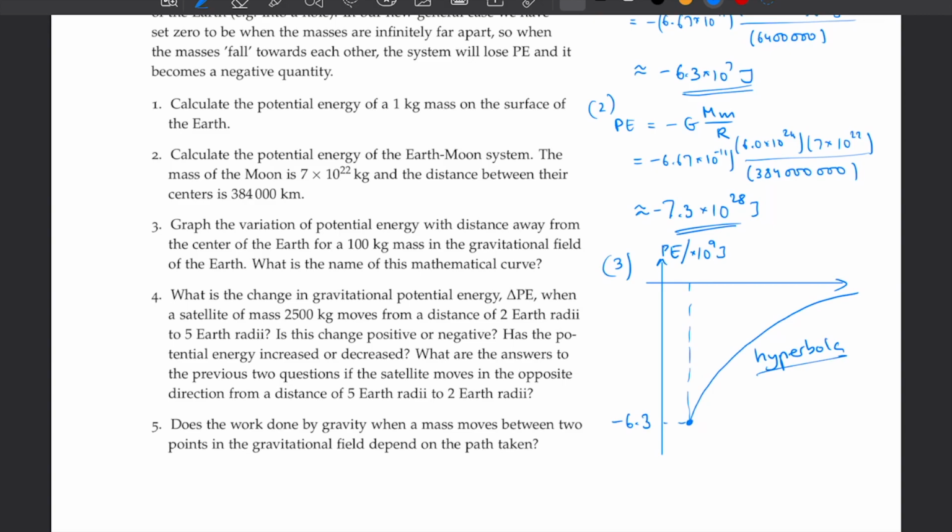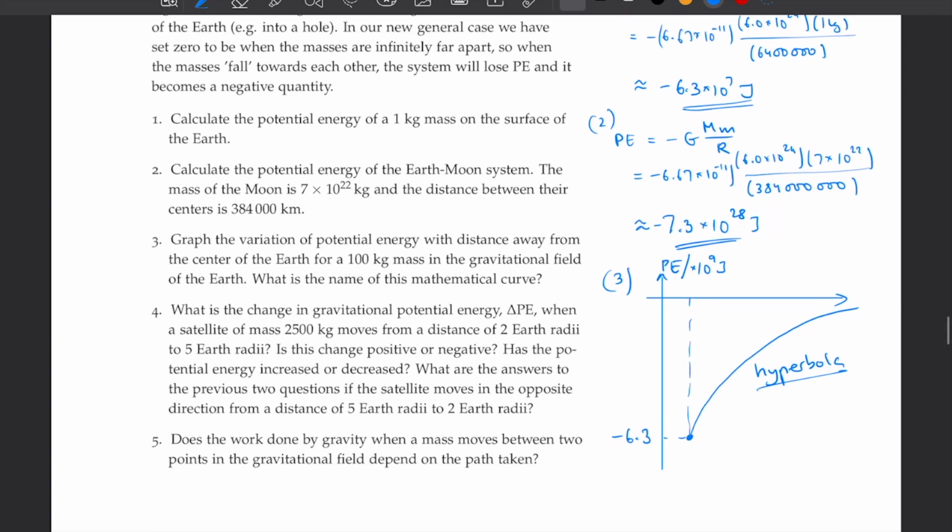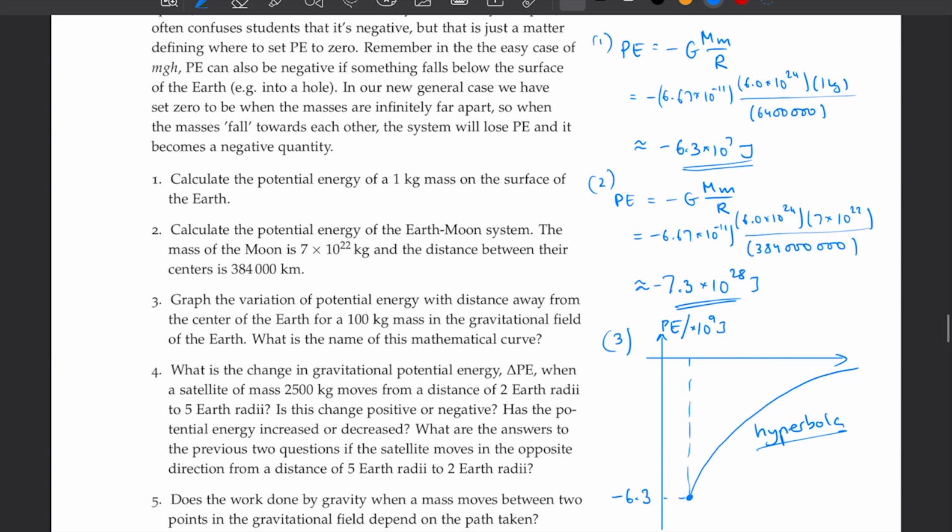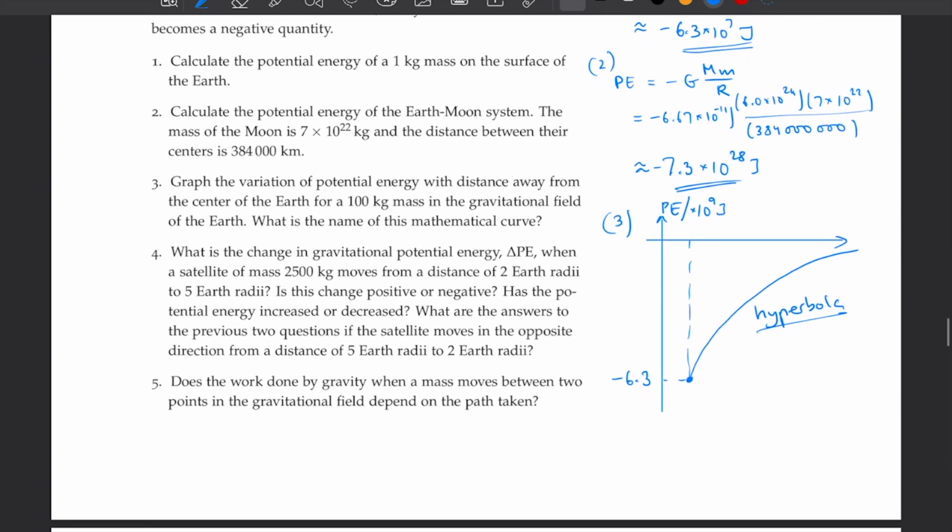Okay, exercise 4. So what's the change in gravitational potential energy when a satellite of that mass moves like that? Here we have to look at the change in potential energy, which is the final energy minus the initial energy.